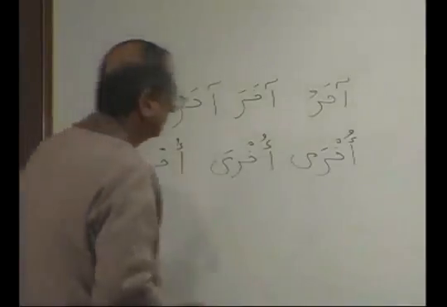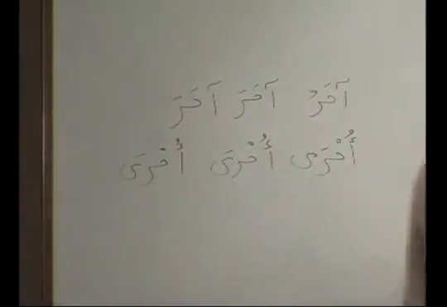Are you with me, brothers and sisters? Akharu and ukhra. They are both diptote. The top one is masculine and the bottom one is feminine. Okay?